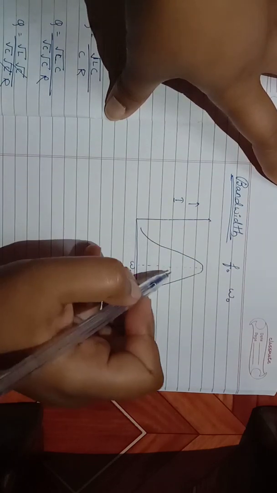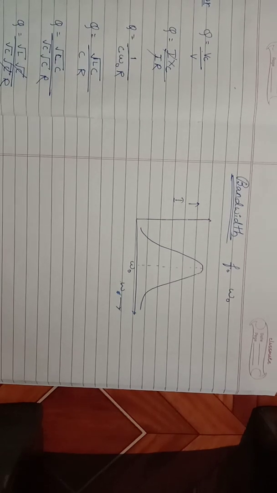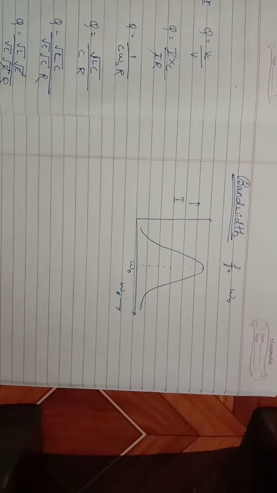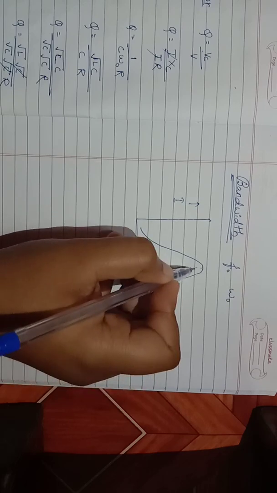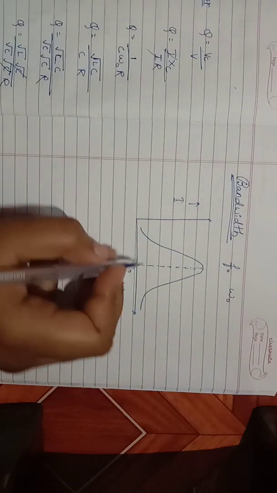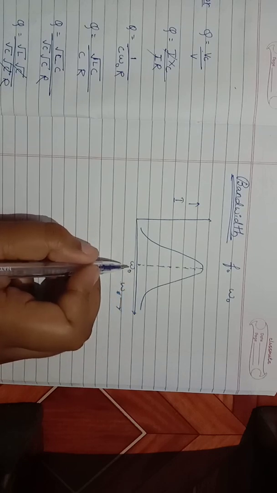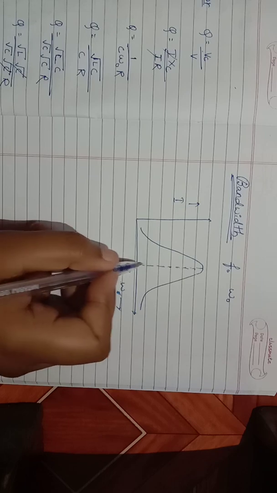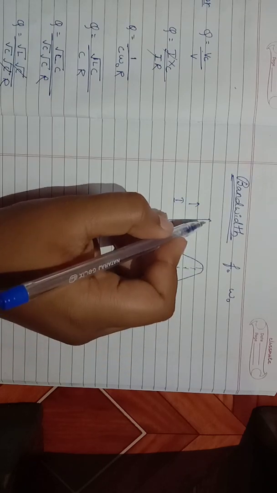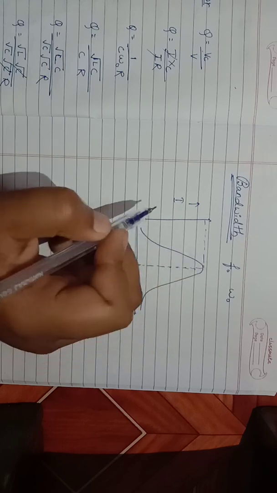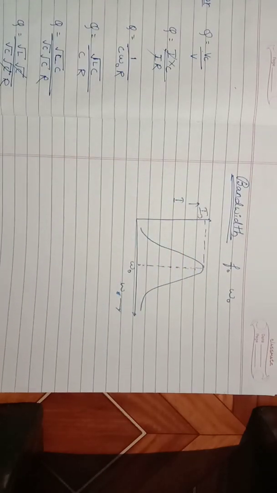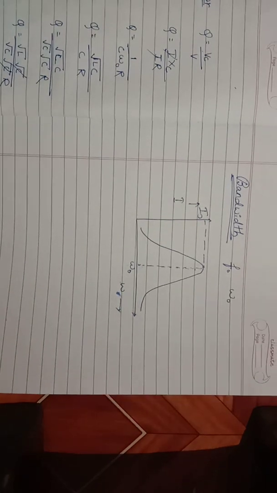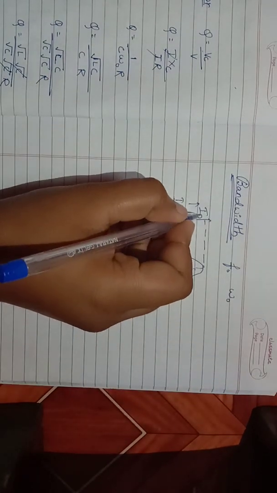Yes, the highest point of the curve is obtained only at the resonant frequency or resonant angular frequency. So when the resonant angular frequency is giving you the highest point, that means you are getting the maximum current, that is I naught. Is it blurry?